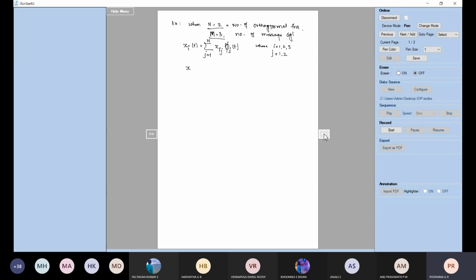So you can re-represent this as xi of t equal to the summation from j equal to 1 to 2 of x ij into phi j of t.